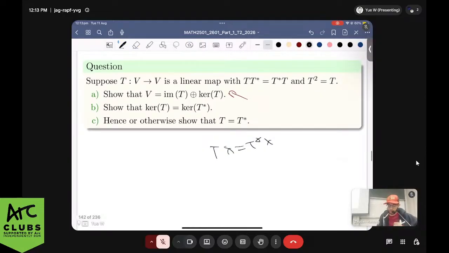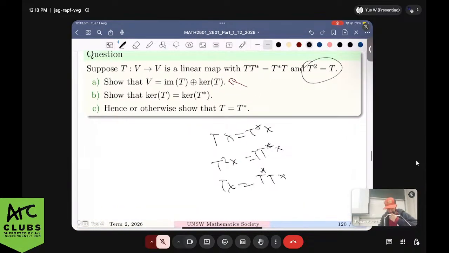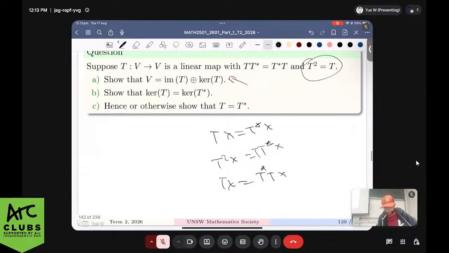So we can take T of both sides, T squared x, because we want to use this fact, equals T star x. Sorry, T squared is the same as T. So this should actually give Tx equals T star x. But I'm going to reverse the order because it's a normal map. So this is Tx. Now T star x equals Tx.